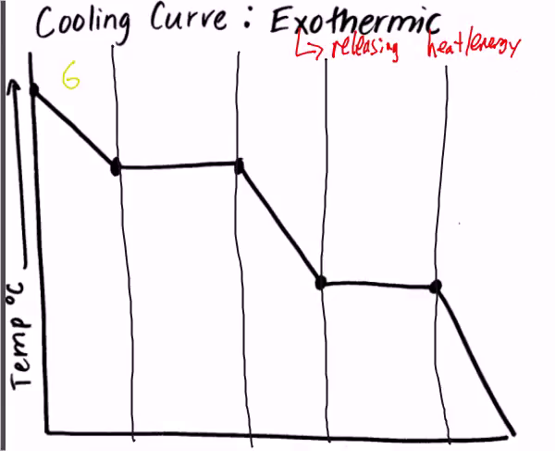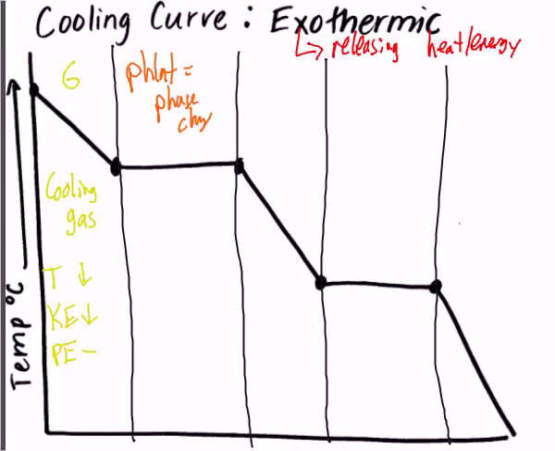What are we doing to the gas? Right, we're cooling the gas. All right. Then what's happening with the temperature? Kinetic energy, potential energy. All right, remaining constant. Moving on to the next section. All right, what do we have going on here? Yeah, we get that flat line equals a phase change.